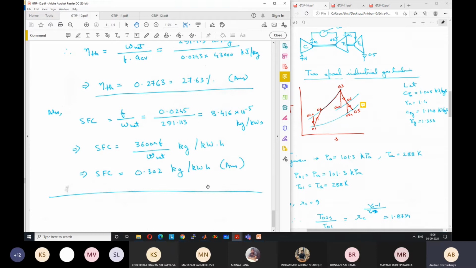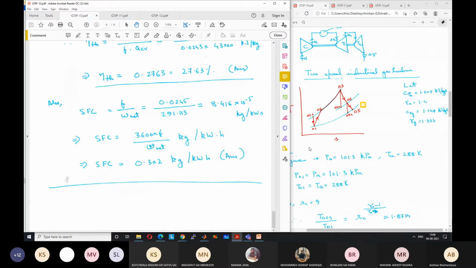So for a 1 kilowatt turbine, in 1 hour I need 0.3 kg fuel. So for a 100 kilowatt turbine, I will need 30.2 kg of fuel per hour, right? If I need to run it for 10 hours, I will need 300 kg of fuel. So like this, we can easily calculate. Is something wrong in the calculation, or can you check this calculation?